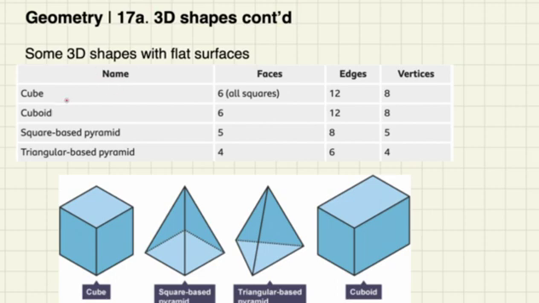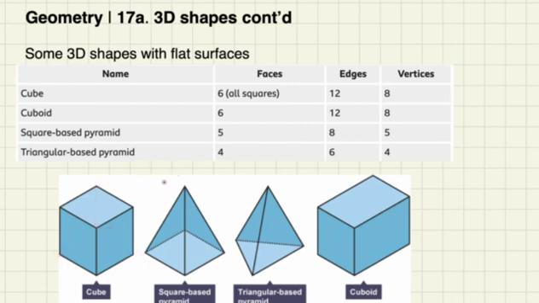And this table shows you that with a cube, there are 6 faces and they're all squares. There are 12 edges. That seems a lot, but when you start adding them up, that's 1, 2, 3, 4, 5, 6, 7, 8, 9, 10, 11, 12, including the ones in the back.